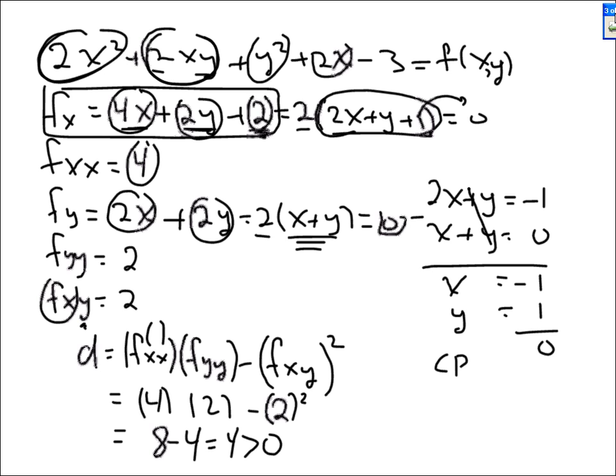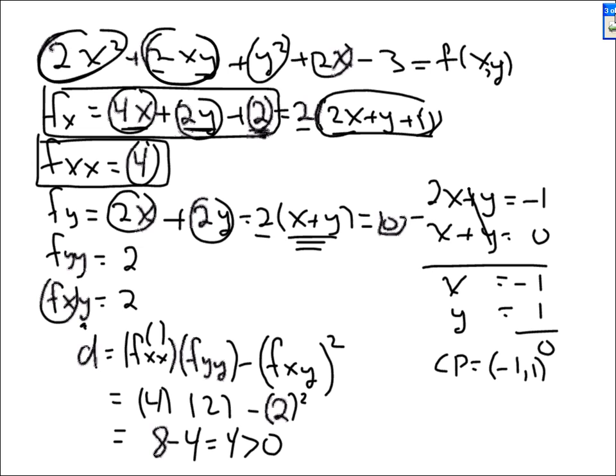So the critical point is negative 1, 1. So I just need to find out what f_xx equals at this critical point. Actually, it's the double one. I need to find out what this is at the critical point.